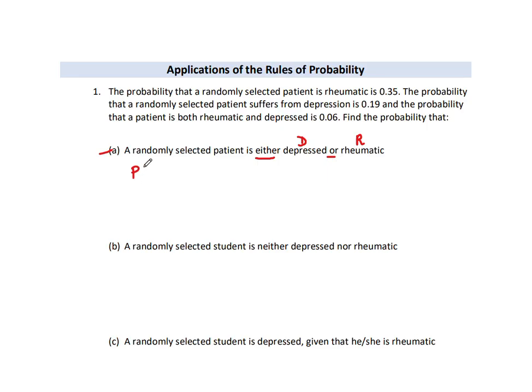The general probability rule using these symbols would be the probability of D union R, that is the probability that someone is depressed or rheumatic. The union here means or.